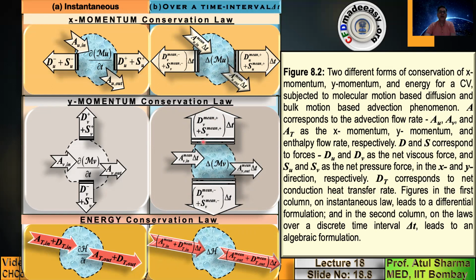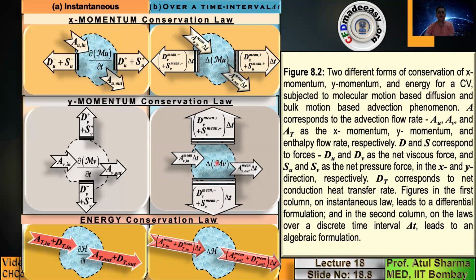These are the viscous and pressure impulse in the positive y direction. This is the negative y direction. This is the amount of y momentum entering into the control volume. This is the amount of y momentum leaving the surface of the control volume. So in this slide, two different forms are presented: the instantaneous form, which is a continuous form of the conservation law, and the over a time interval form, which is a discrete form.